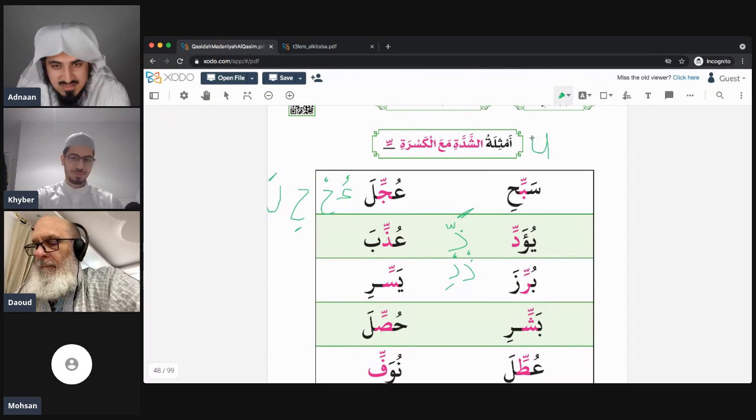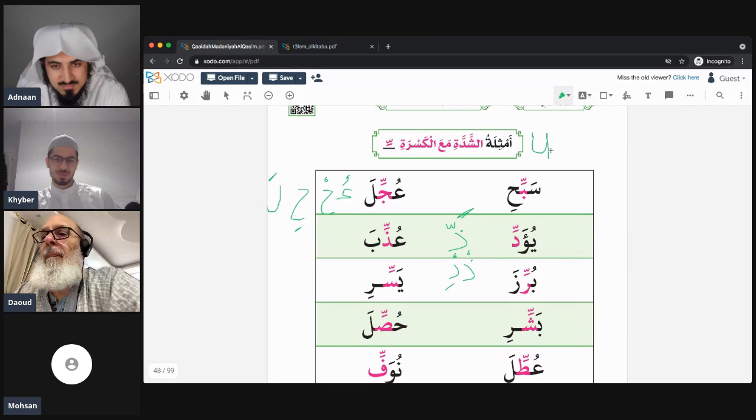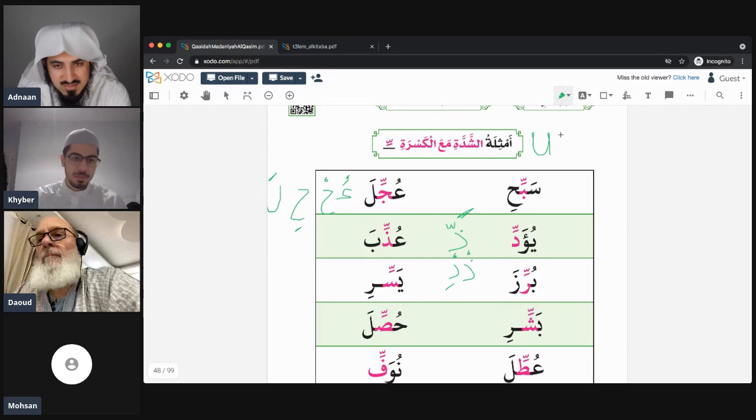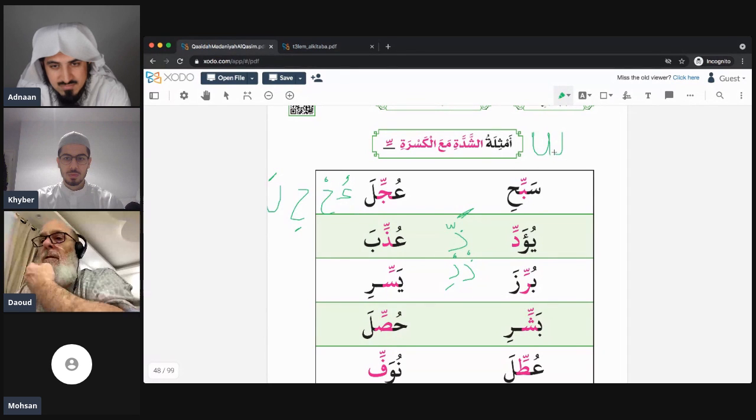What's this? This is supposed to be a U. This is a J. How would you join the two? Uj.